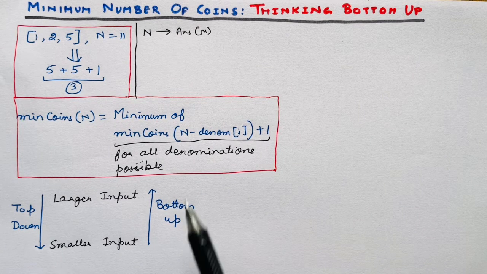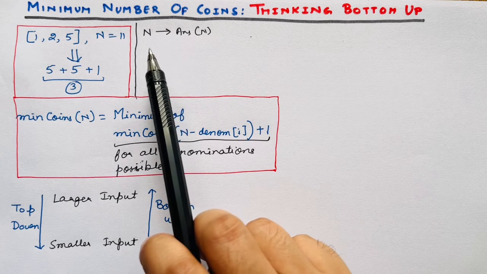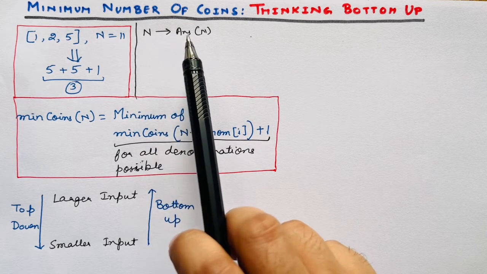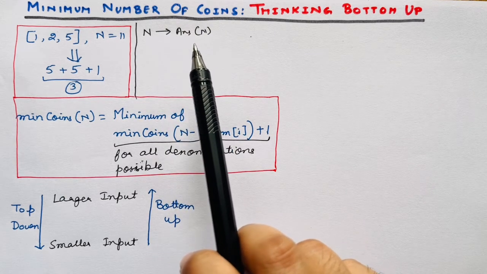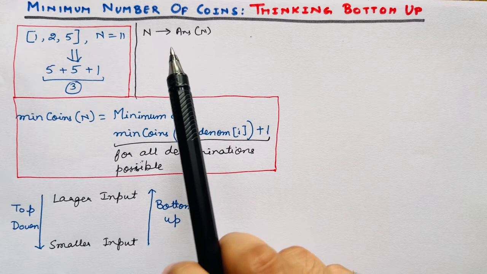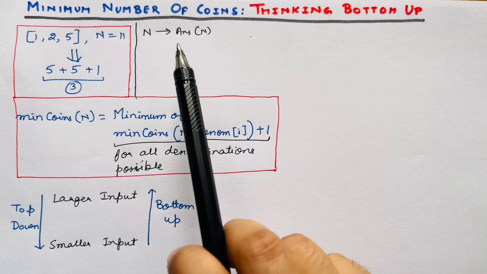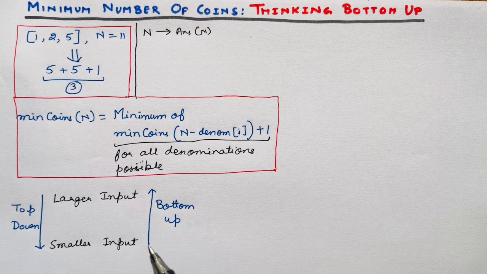The information that we want to store looks something like this. We want to store that, hey, for this number n, this is our answer. Now what kind of data structure would suit best to store this? In the top-down dynamic programming approach, we used a map data structure to store this information. But here, we also need to go iteratively from smaller input gradually to larger input.